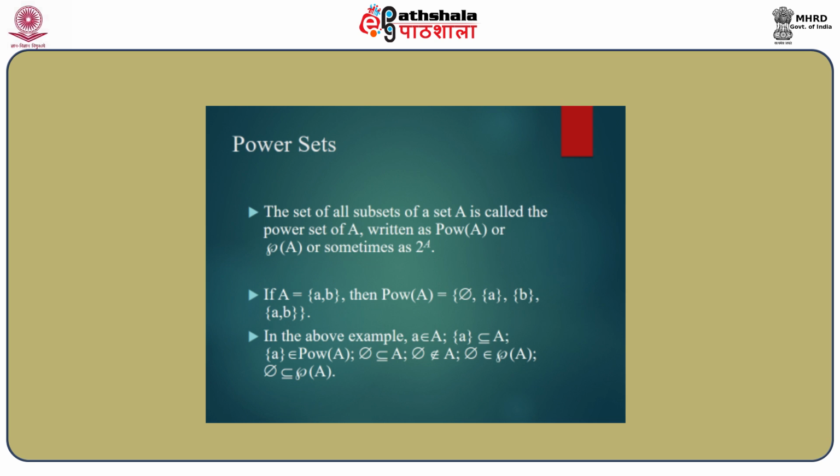The notion of a power set. The set of all subsets of a set A is called the power set of A and is denoted as pow A, or Gothic P with the argument A, or sometimes as 2 to the power A. So for example, if A is the set consisting of a, b, then Gothic P A is the set consisting of the empty set, the singleton of a, the singleton of b, and the set consisting of a, b by itself.